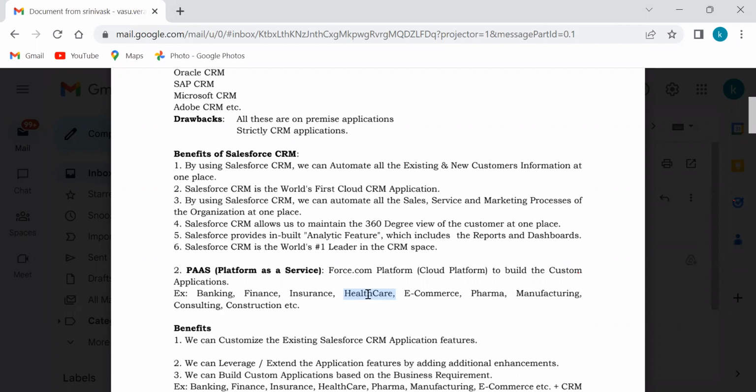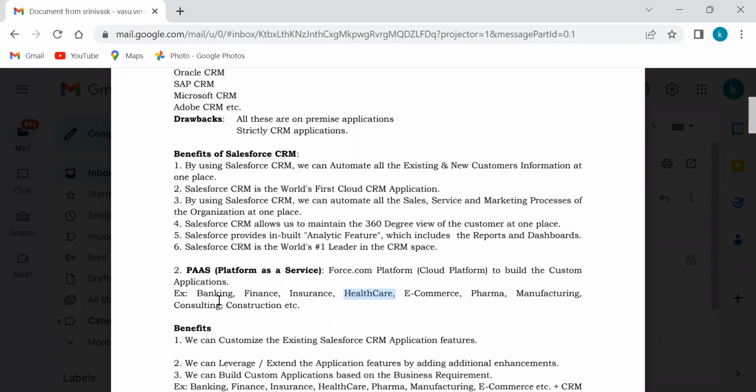All these things we can automate using this Health Cloud application, which is provided by Salesforce in 2016. But for many of the industries, till now, we don't have any ready-made application.